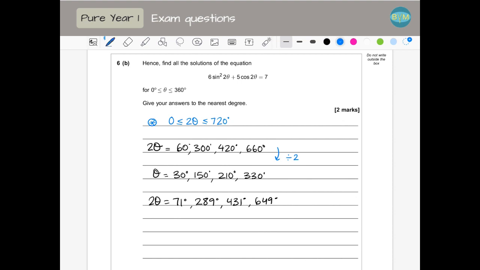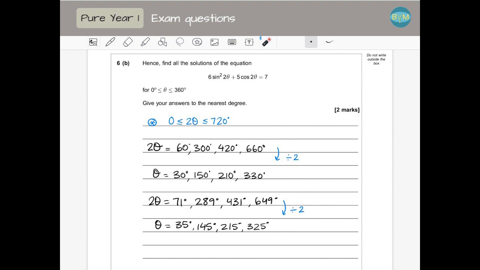And the last thing I'm going to do is to divide these by 2. So theta is going to be, this one was 70.5, so we rounded up, but when we divide by 2, we have 35 instead of 36. But you will be marked correct anyway. So 35, 145, 215, and 325, all rounded to the nearest degree, as asked.